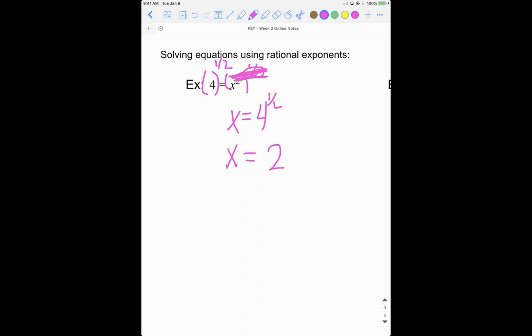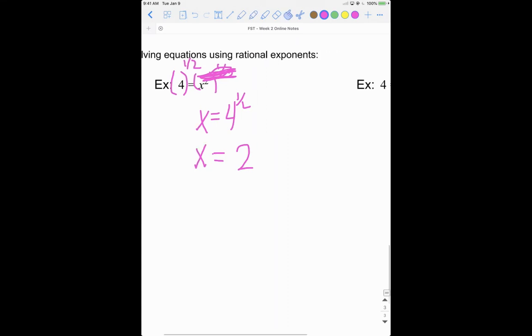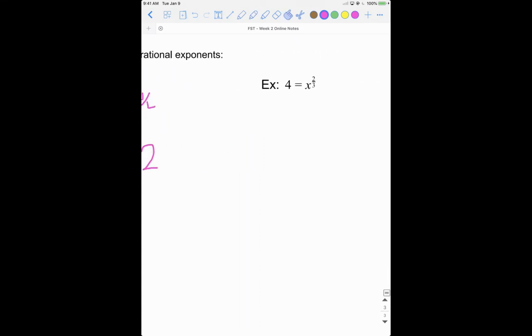And so we're going to try to use this thinking to help us solve this one. If we were to solve this one using the same method, we would want to raise both sides, making sure we flip our exponent. So we'd raise it to the 3/2. Whatever you do to one side, you have to do to the other side, 3/2.